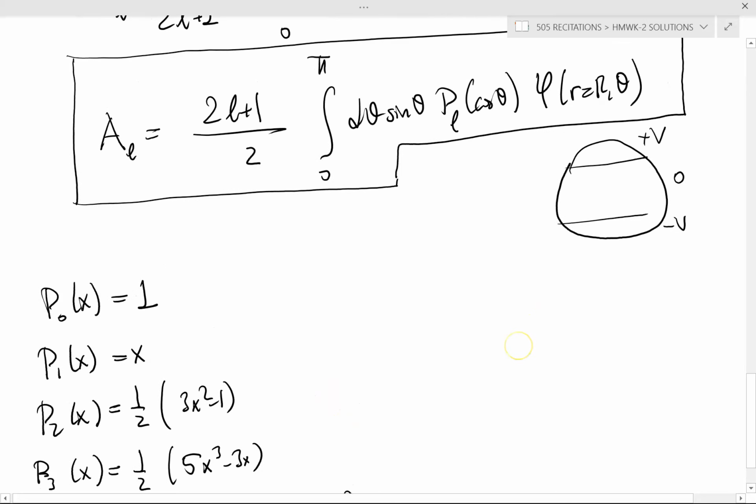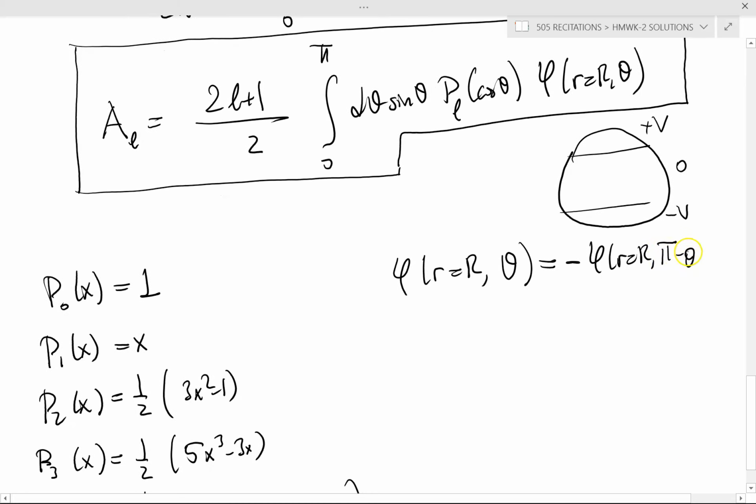You see from this shape that theta must be replaced by pi minus theta, right? But cosine theta becomes minus cosine of pi minus theta.